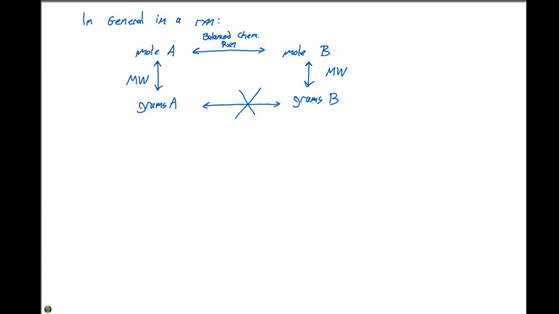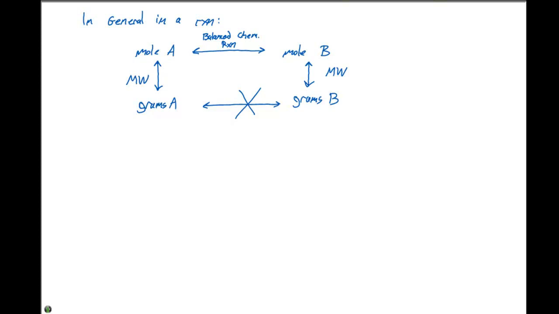So if we're given grams of component A, and we're trying to get grams of B, we can't do it in one step. We first need to use dimensional analysis to convert from grams of A to moles of A by using the molecular weight, convert moles of A to moles of B from the balanced chemical equation, and moles of B to grams of B using the molecular weight.